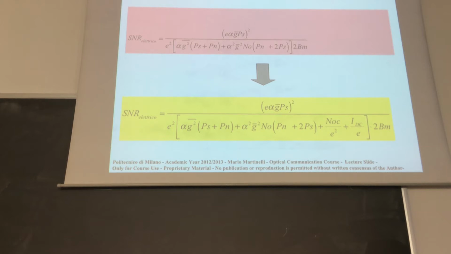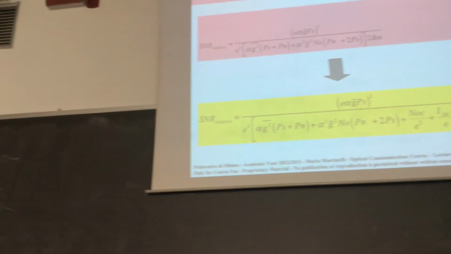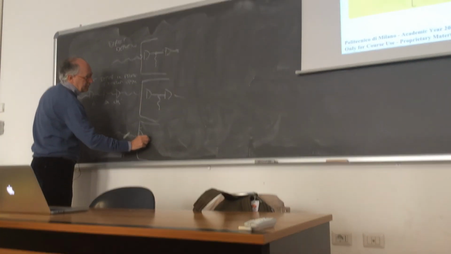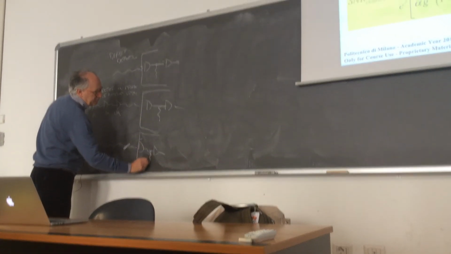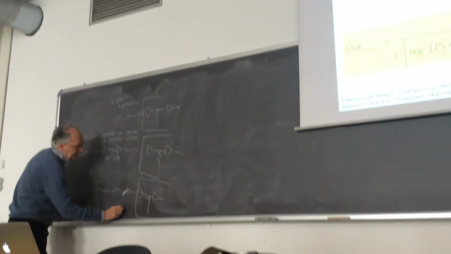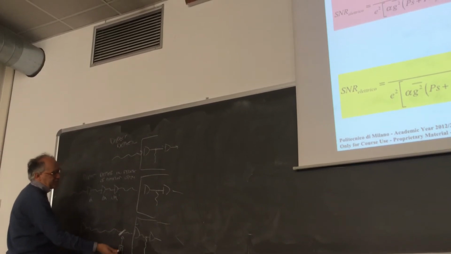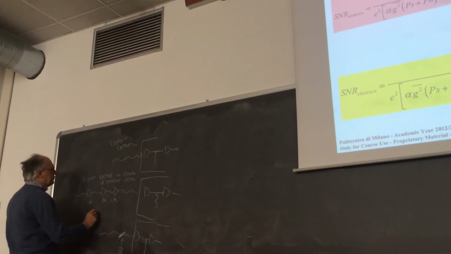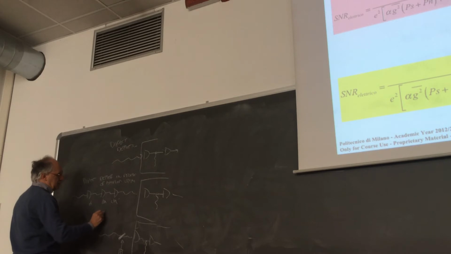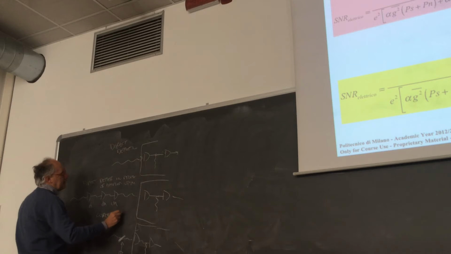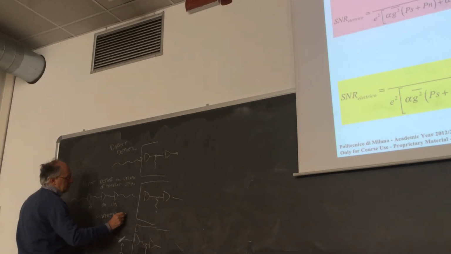We arrive maybe through an amplification to the photodetector, but before entering the photodetector, we mix the arriving signal, okay, with another light that is coming from here. This mixing gives a coherent detection.